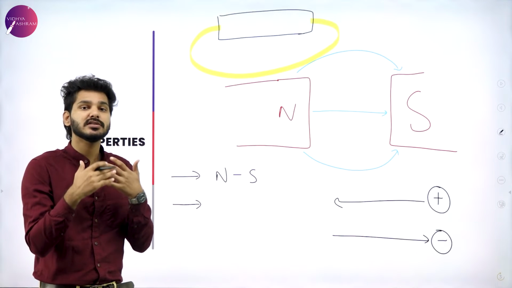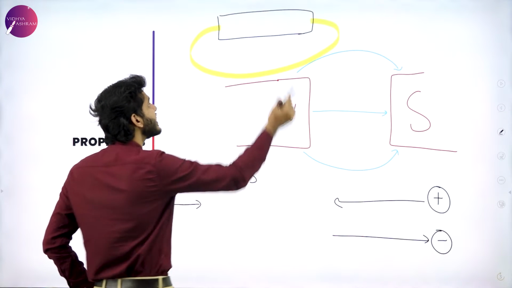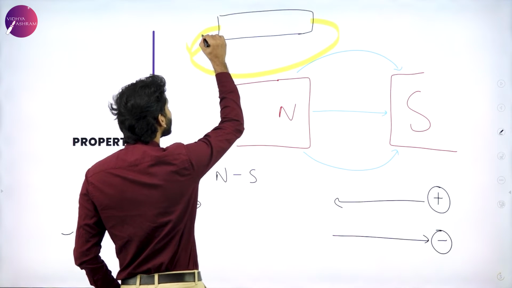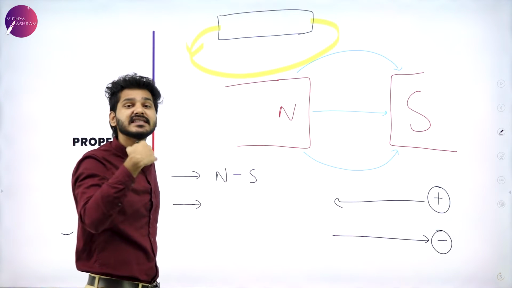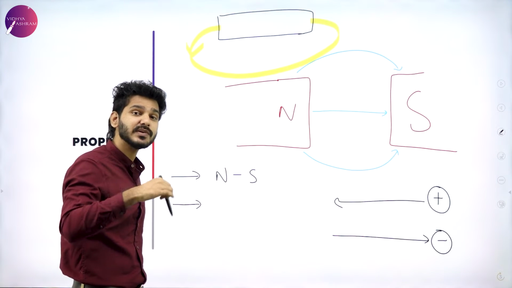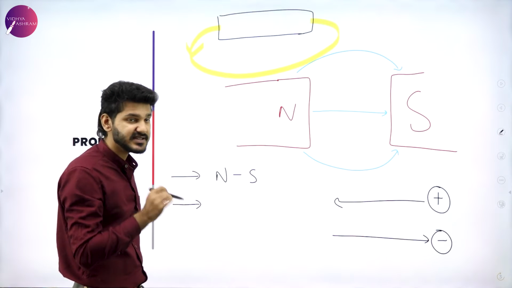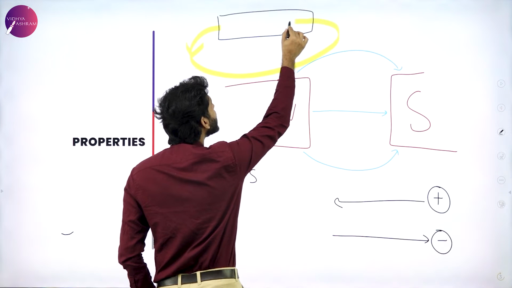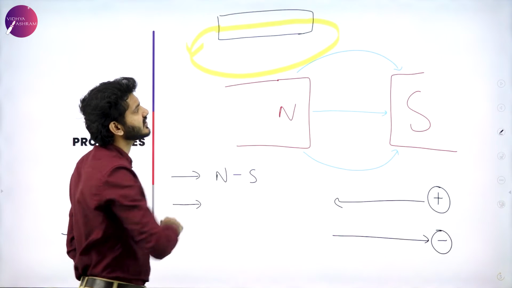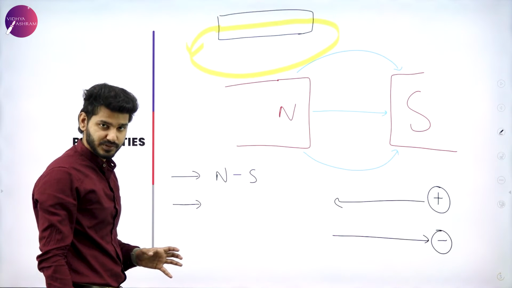They are just continuous closed loops, which means here, let's say the direction of the magnetic field is from north to south, but inside the magnet, it is actually from south to north, which means the magnetic field lines will continue until they reach their starting position, forming a closed loop.